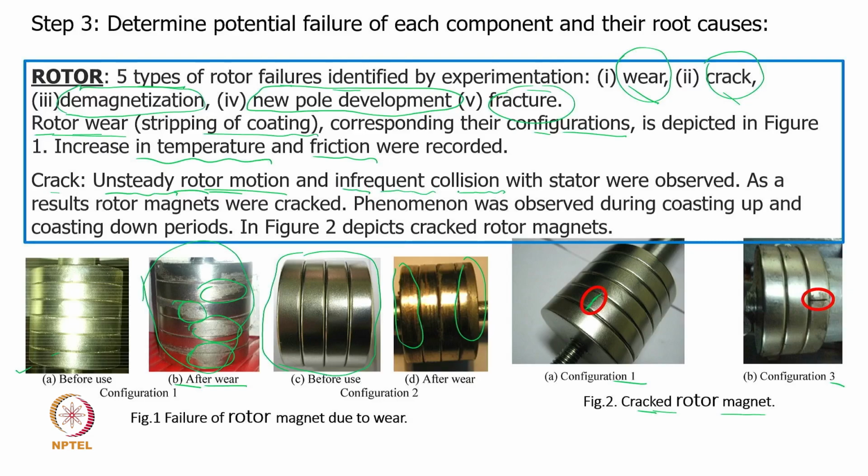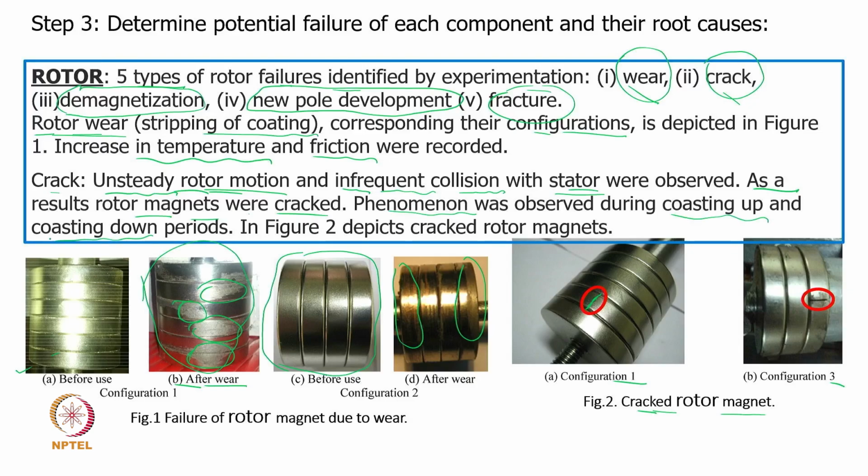So, there was an infrequent, or sometimes frequent, collision with the stator, and because of this collision between the two permanent magnets, the cracks start. As a result, rotor magnets get cracked, and this phenomenon was observed during the coasting up and coasting down periods.